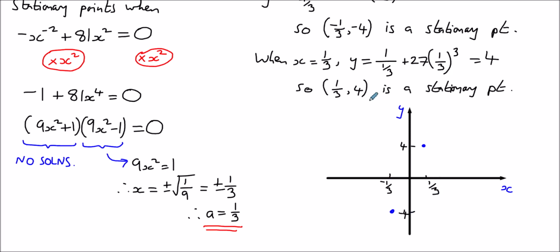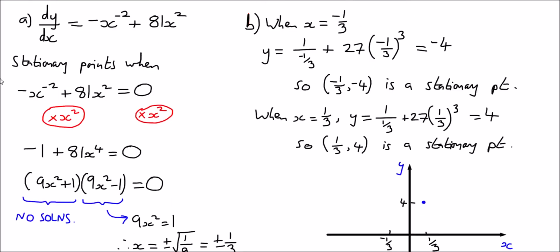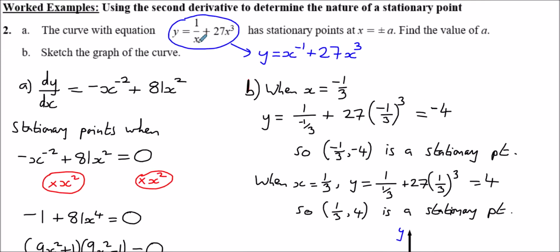Now, just remember the actual function. The function included a 1 over x part. So if you just scroll up for a second, look, we have 1 over x. Now just remember, as x gets closer and closer to 0, as x gets closer and closer to the origin, this is going to move closer and closer to 1 divided by a tiny, tiny, tiny value.